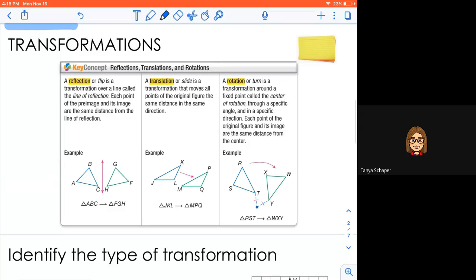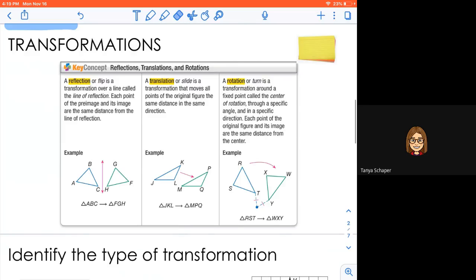You might have talked about them as a turn and a flip for reflection or a slide. Those are all different words that we've used in the past, but we're going to refer to them as a reflection, as a translation, and as a rotation. Making sure you understand what each of these are, they should be on your note cards.